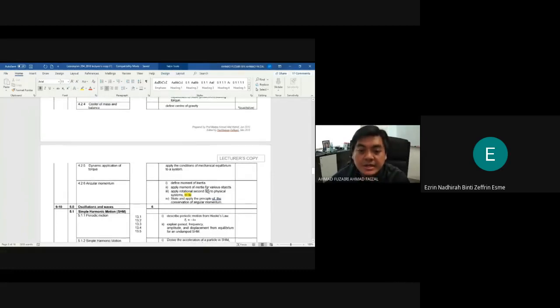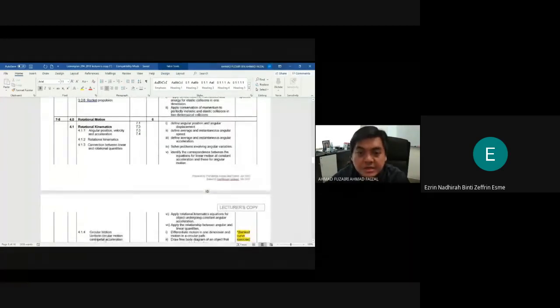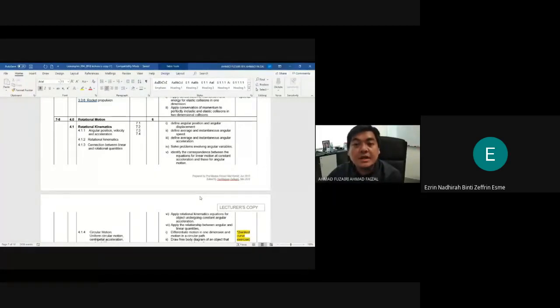Basically we already learned rotational kinematics. In rotational kinematics we learn about motions, and that includes the use of equations of linear motion, but we have to transform them to the rotational equations, which involve theta, omega, and also alpha.